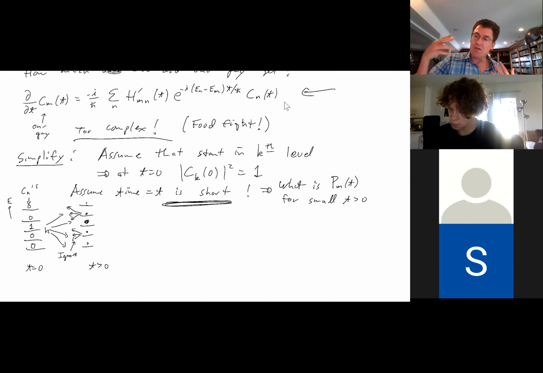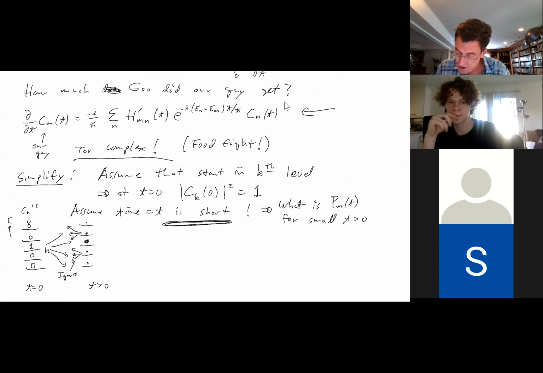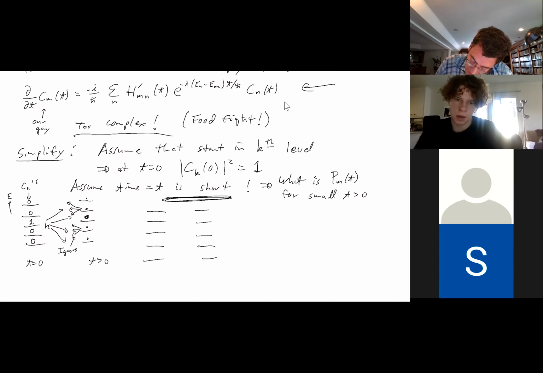We will ignore the idea that the amplitude is sprayed back, and we will make a very simplified assumption: if I start in one state, the kth state, and I'm talking about some other state, we will assume that all the amplitude is only coming from this one state as time goes on.